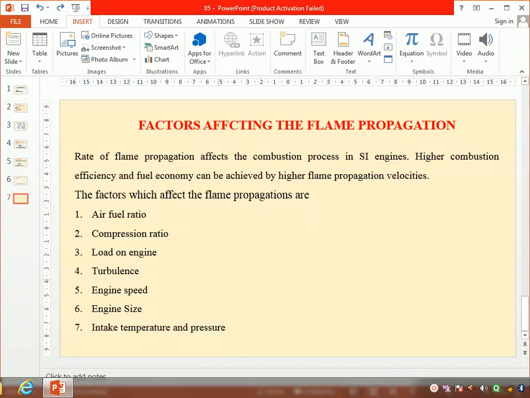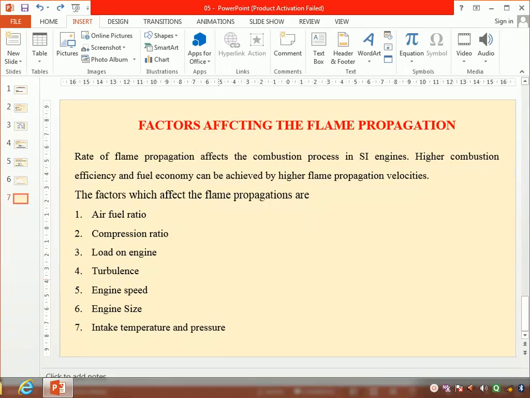It mixes the mixture rapidly, and at the same time it increases the heat transfer coefficient between the burned mixture and unburned mixture. So mixing is effective with high turbulence, and the heat transfer rate is also higher between the burned and unburned mixture. So flame speed is directly proportional to the turbulence.